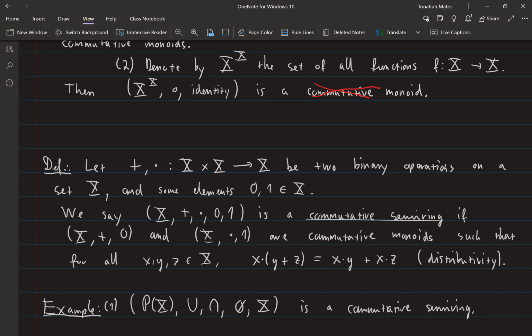And if you're curious, in one of the additional problems of the first problem set, you have to prove a very generalized version of distributivity. Distributivity here is just a binary thing, right? You have two elements, x and y, and you're multiplying two at a time. But we already know that the union and the intersection can be defined in a much more general setting. It's not just the case that you can take the union of two sets. You can take the union over infinitely many sets. So the question is whether distributivity still holds, and this is answered in the problem set.